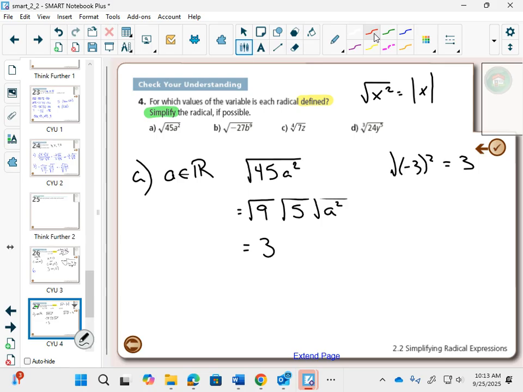Square roots always come out as a positive number. So if I just write a, I might be making a mistake. If a was negative 2, it would become positive, and then when you squared it, it would become positive 2. So we write the absolute value of a, and then what's left in our square root? 5. Just the 5. Whew.